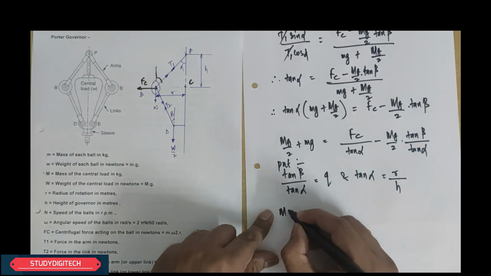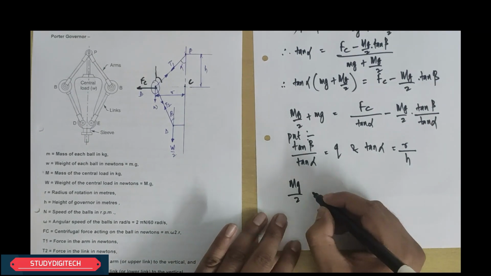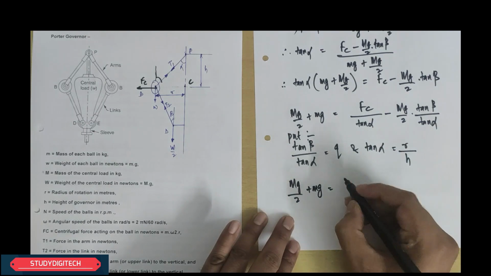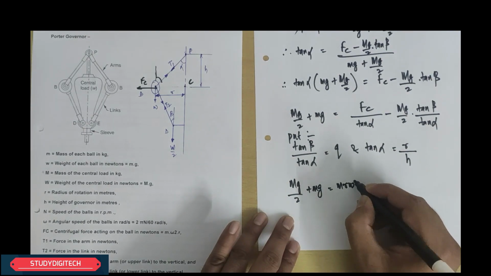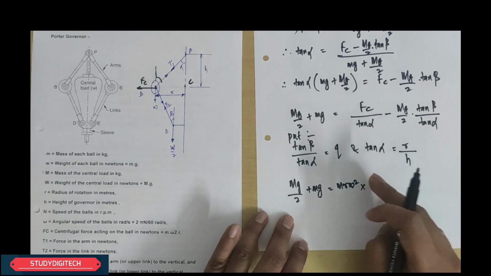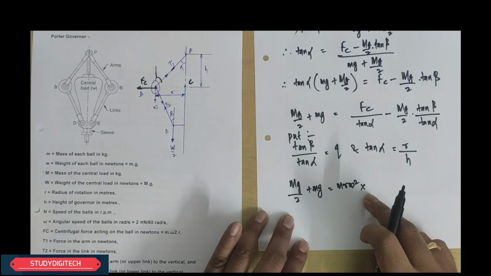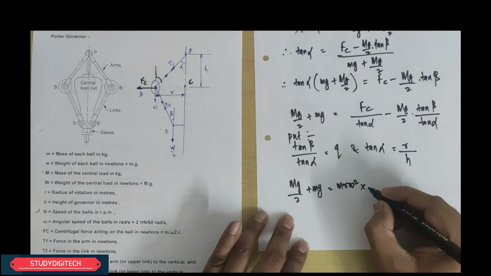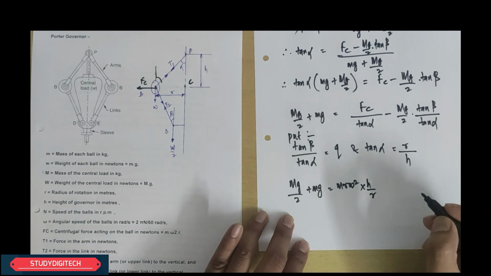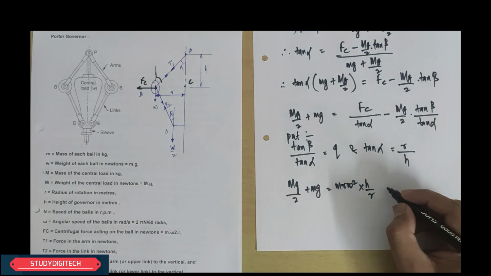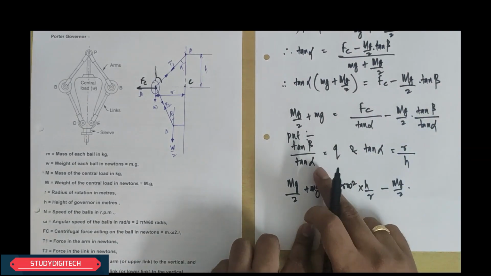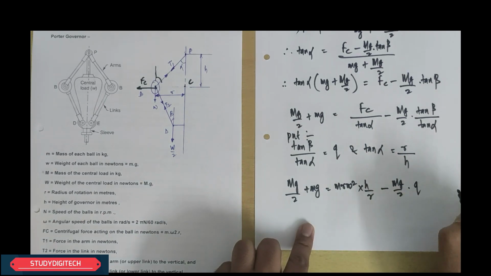So we'll substitute these values in this equation. So we have mg by 2 plus mg, which is equal to Fc, centrifugal force mr omega square into tan alpha. So tan alpha is r divided by h. So the values will become as h divided by r minus Mg by 2 into tan beta divided by tan alpha will be equal to q.